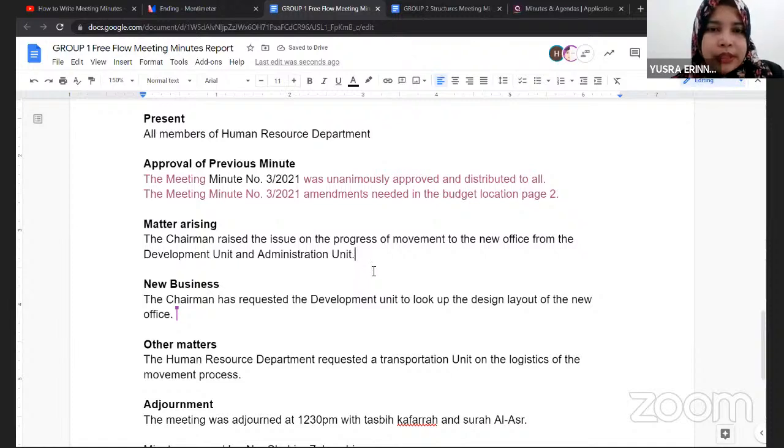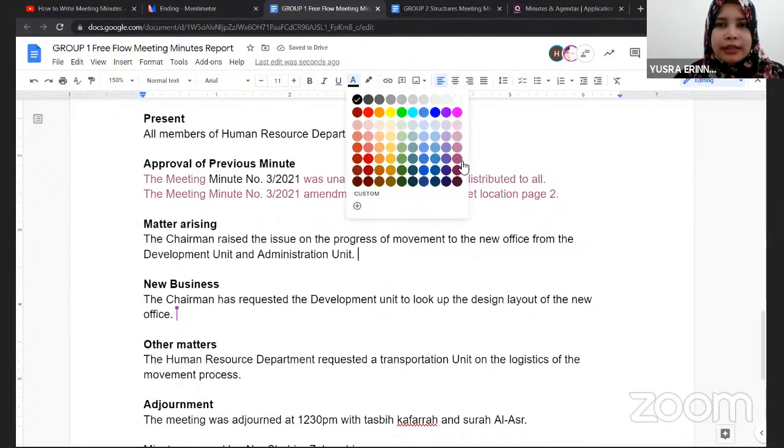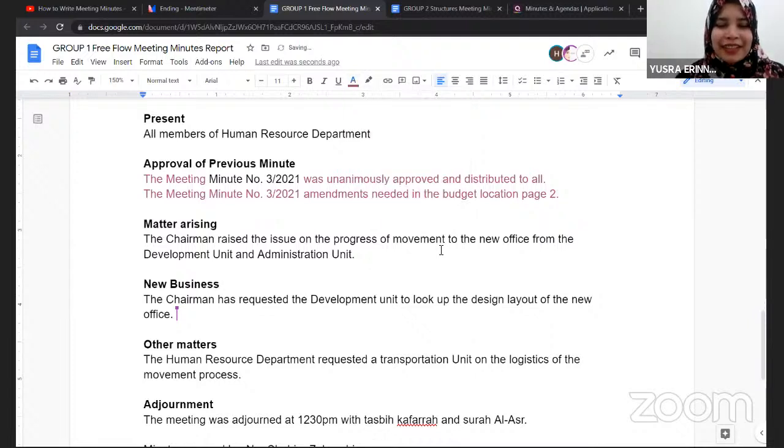So over here, something is missing. You need to mention what motions were suggested, suggested by whom, and what the motion is and everything.